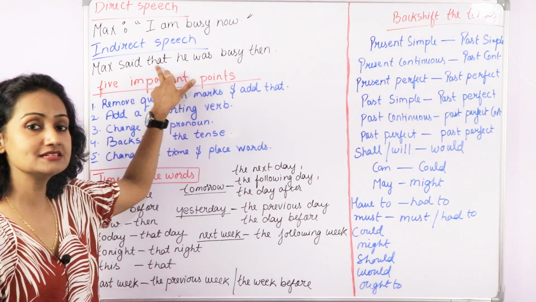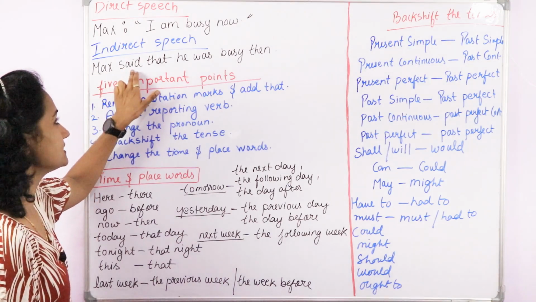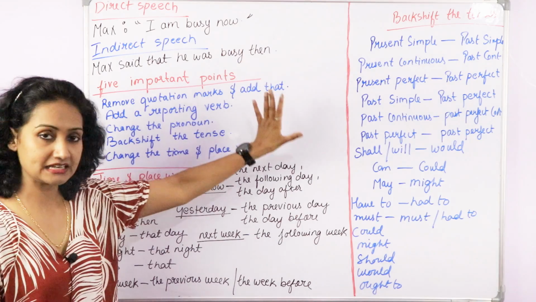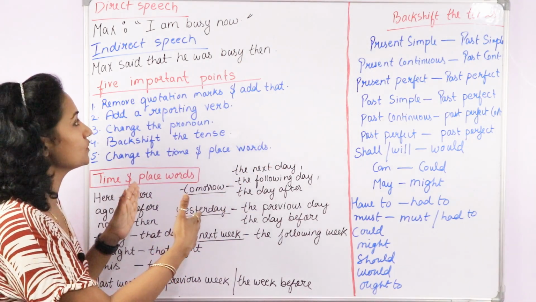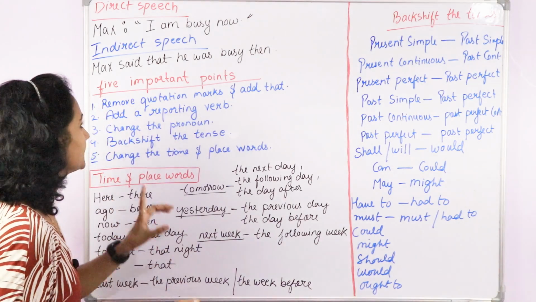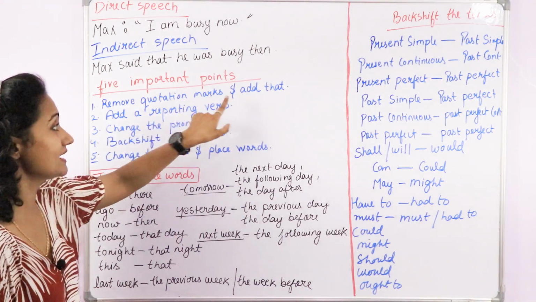You have to add that just to connect two clauses. Max said, this is the first clause. He was busy then, the second clause. So when you have to connect these two clauses, you have to use that. That's a rule. So first change, remove quotation marks and add that.